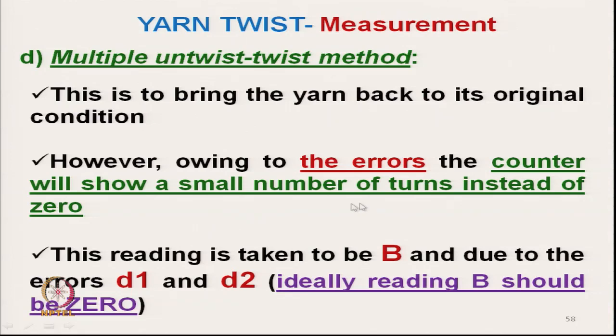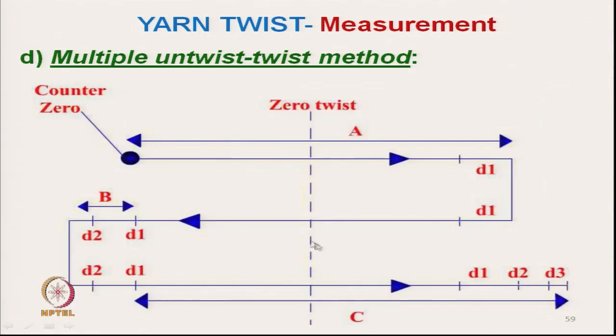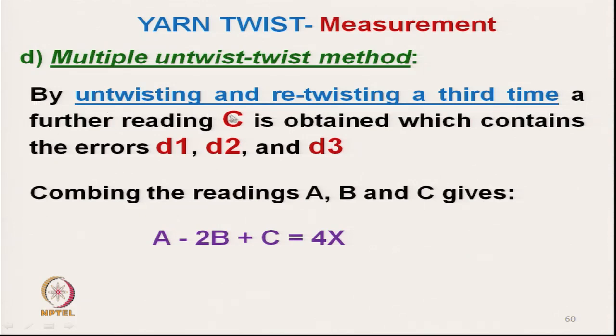So, this error is there, and then by untwisting and retwisting a third time, the counter reading is C, which contains the errors D1, D2 and D3. So, C has been reached.